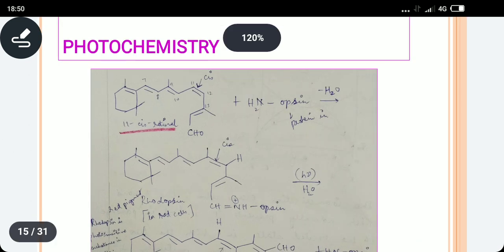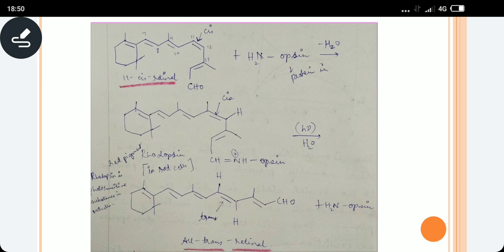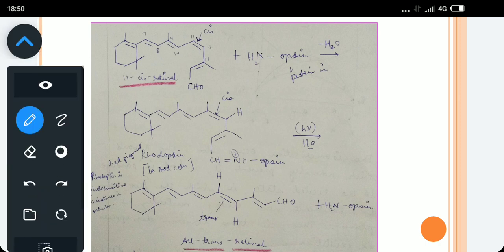The imine group bonded with the retinal is called rhodopsin. So imine is formed when an aldehyde reacts with an amine. This entire structure is the rhodopsin, the retinal which reacts with opsin.